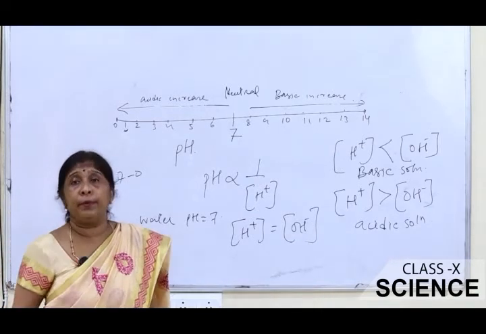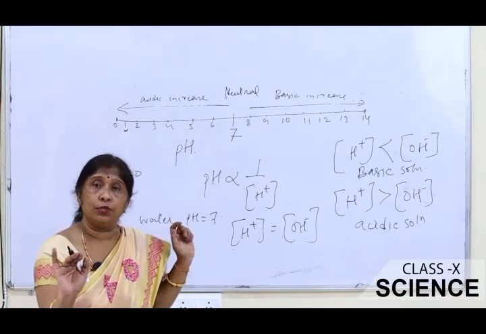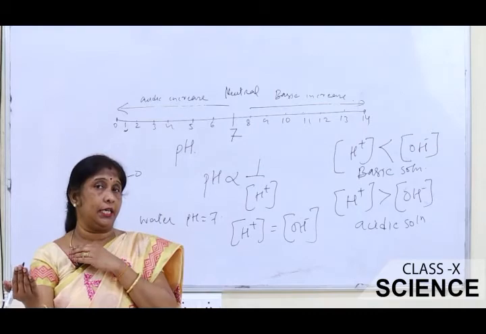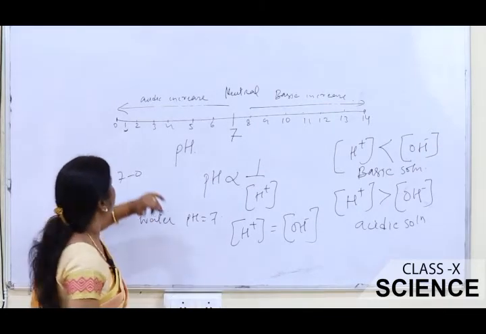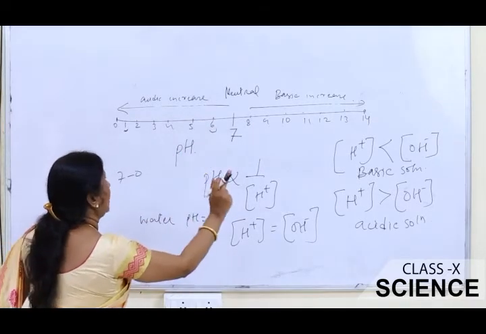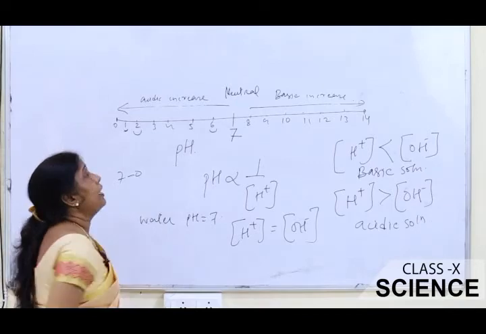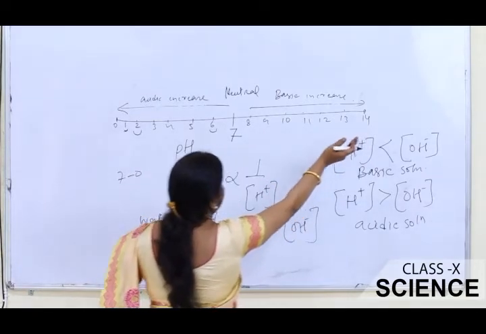But what will happen to the pH value? The pH value will get reduced. If the H plus ion concentration is increasing, the pH value is getting reduced. It will become lesser. See here, pH value 6 is less acidic, whereas pH value 2 is more acidic, right? And in the case of the base, what happens?